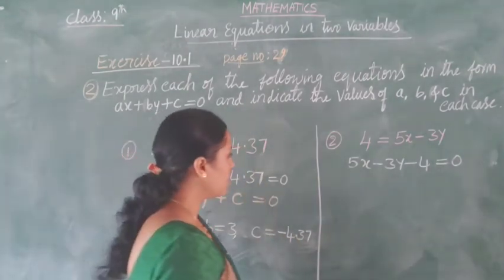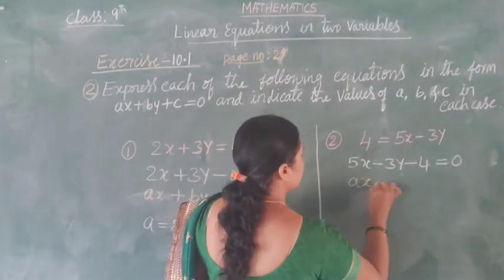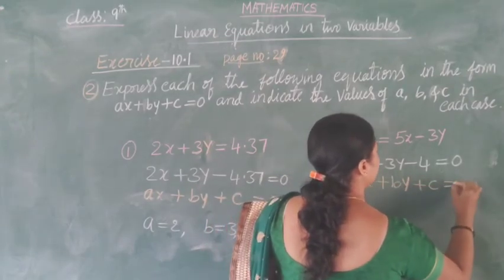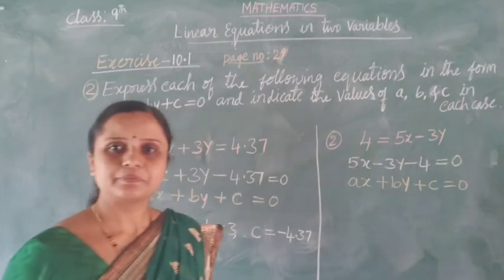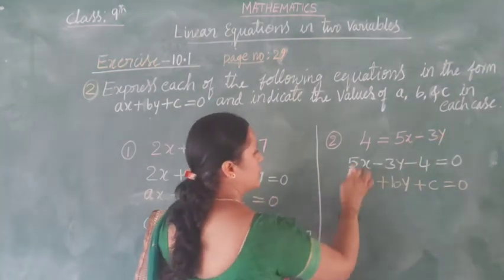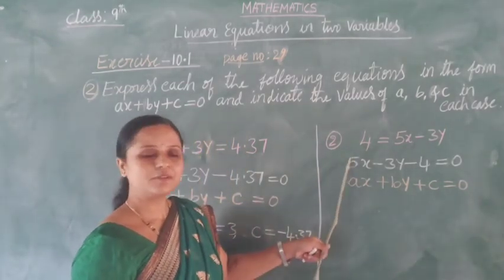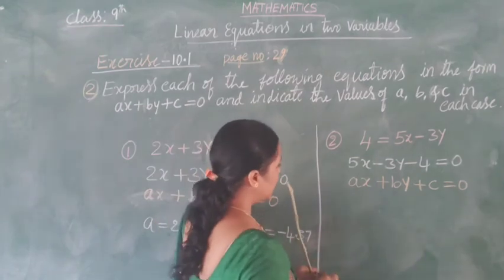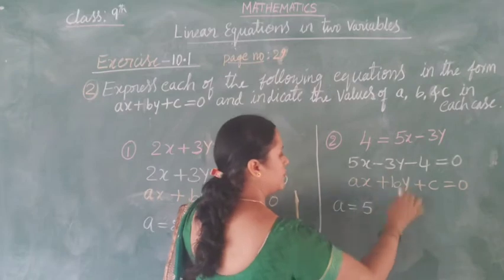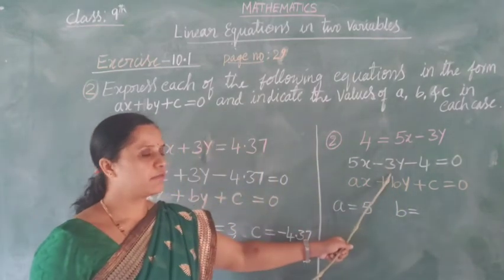Now below, you write the general form of an equation: ax plus by plus c equal to 0. Now you can write the values of a, b, c. What is the value of a here? The value of a equal to 5. The value of b: see the coefficient of y.